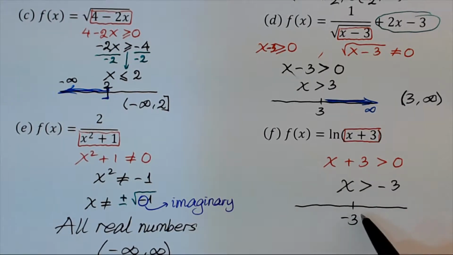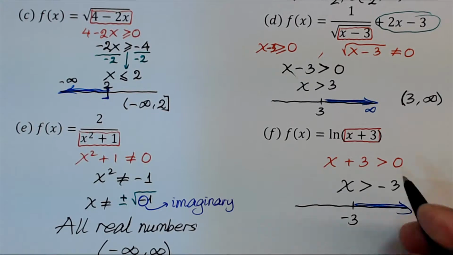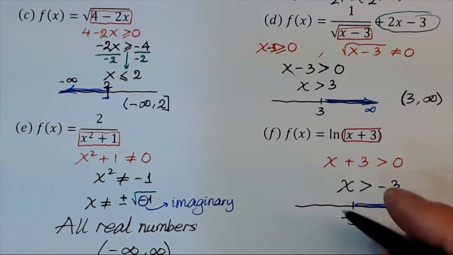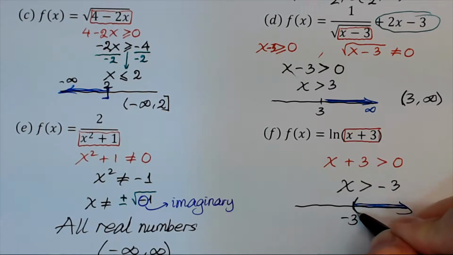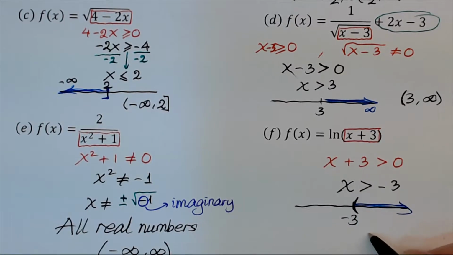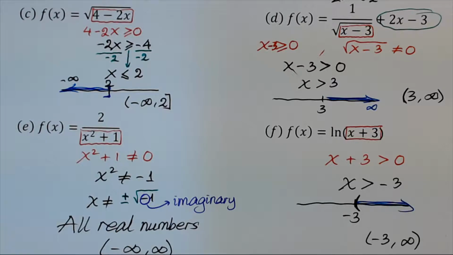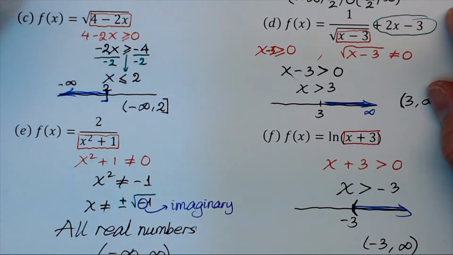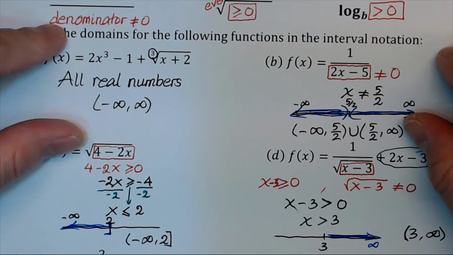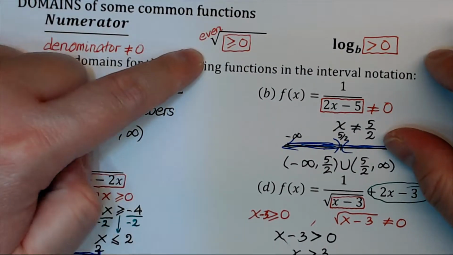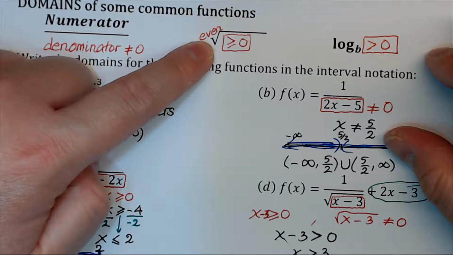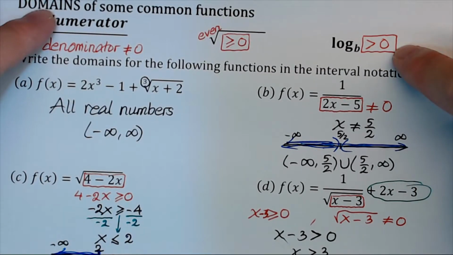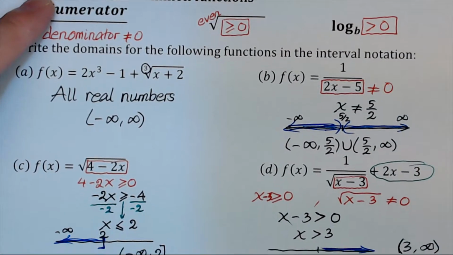It is on the right side of negative 3, but not equal to. So that's what we have. Basically, for the domain of some common functions: the denominator is not equal to 0, inside an even root is greater than or equal to 0, and the argument of the log is positive.